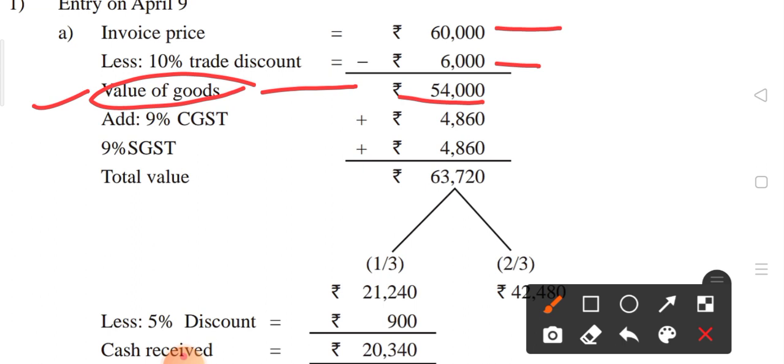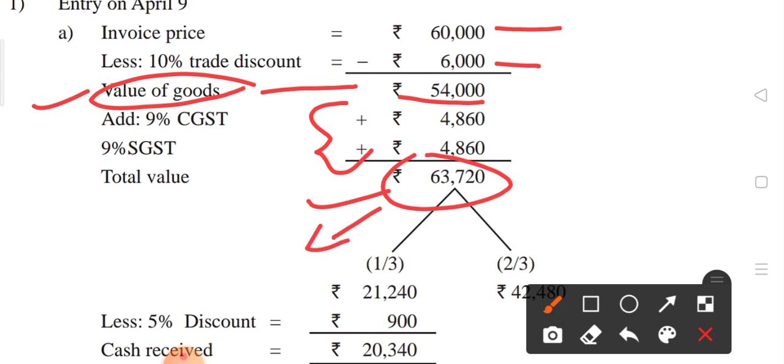So including this GST मैंने goods कितने में सेल आउट किए? For rupees 63,720. आउट ऑफ विच मुझे कस्टमर ने कितना पैसा ऑन द स्पॉट दिया? 21,240. This is what? 1/3. It is given in your question. 1/3 amount customer has given, on which I have given him a discount.